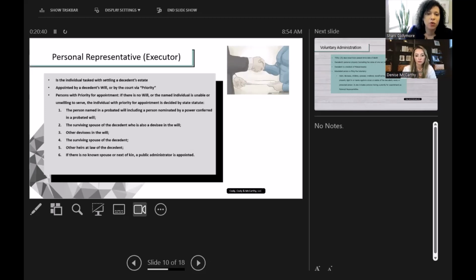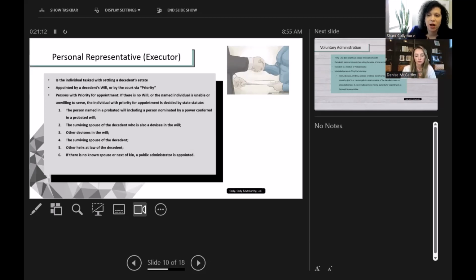Of course, the first is the person named in the will, or the person named in the will who was given the power to nominate somebody to serve. In your will, you can give somebody the power to nominate a personal representative, so that person would have priority. Next in line would be a surviving spouse of the decedent who was also inheriting under the will.